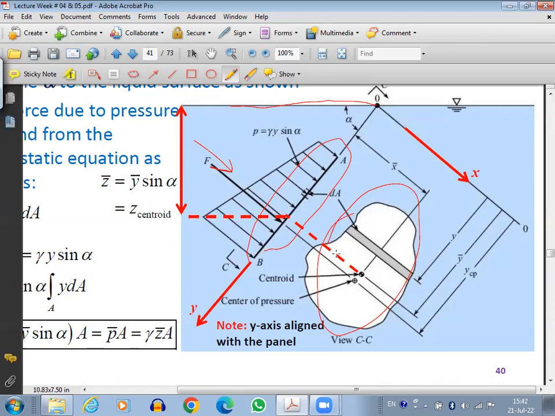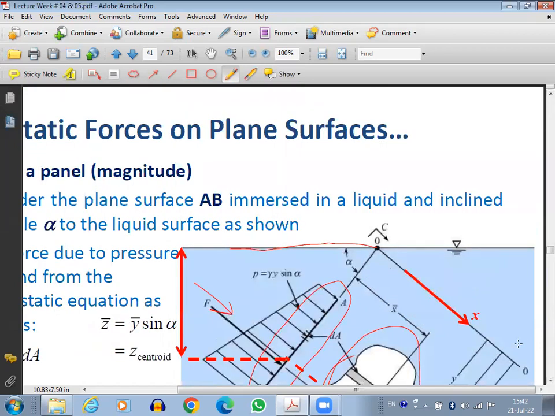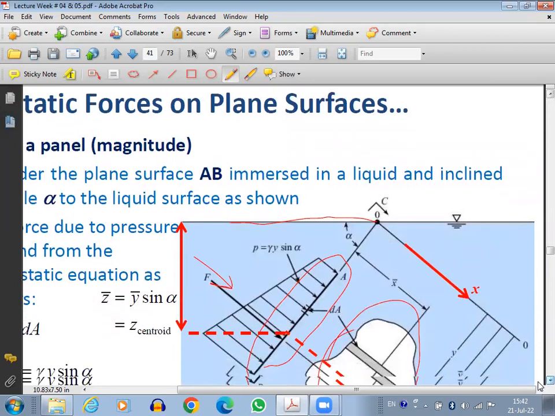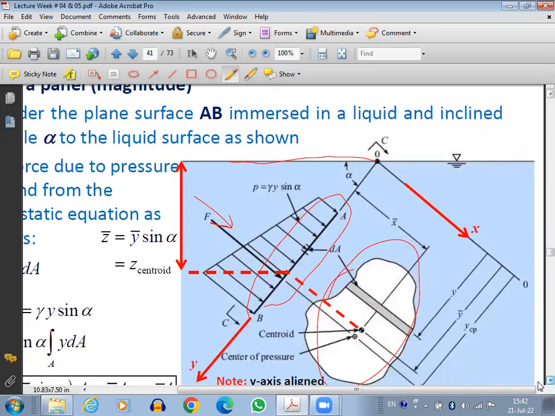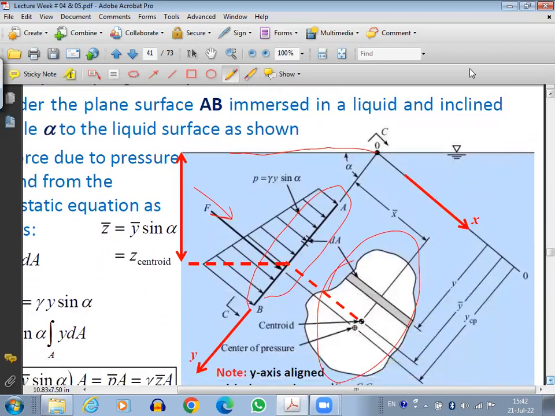Now, because this is an inclined surface, we can shift our axes. Instead of having axes X and Y horizontal and vertical, we shift our axes like this, so that X is like this and Y is like this.